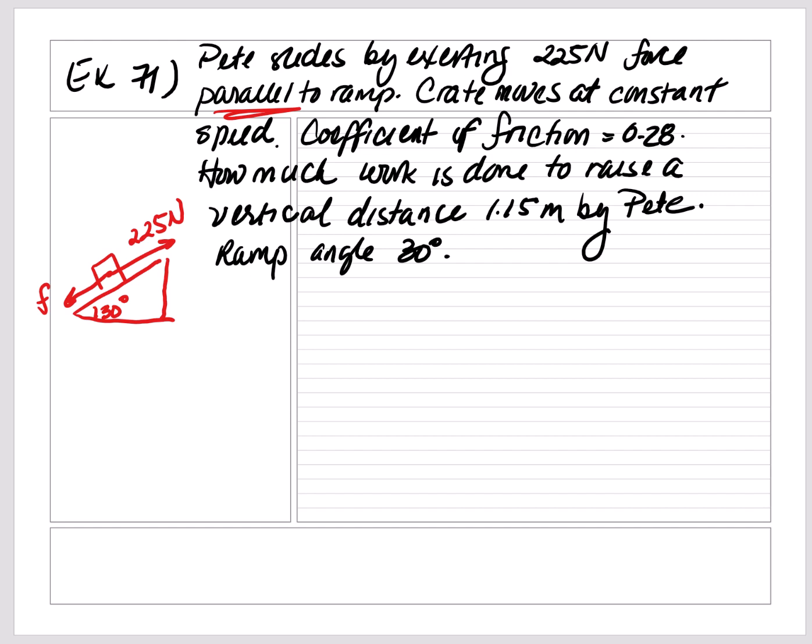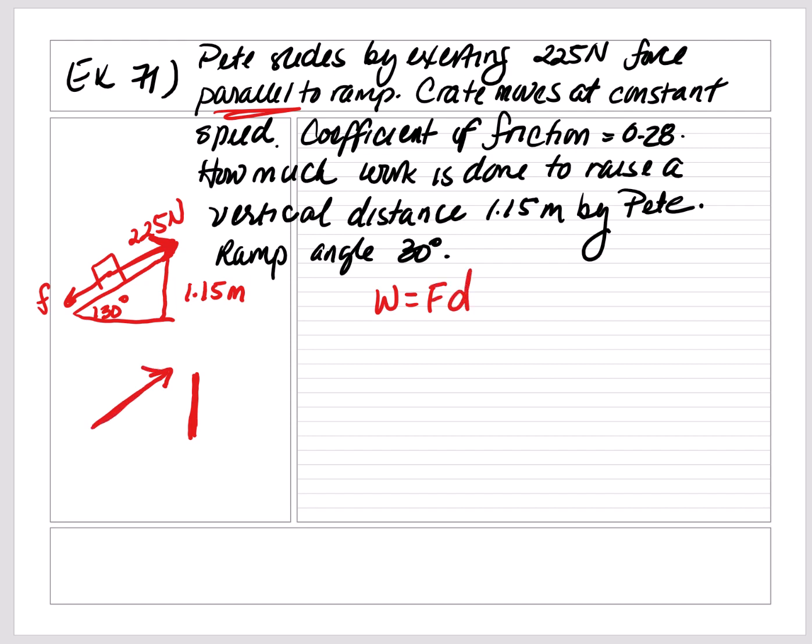So we want to know the work done by Pete. The distance that is given is 1.15 meters. Since Pete is going parallel to the ramp, the force is at this angle, the displacement is vertical. So I need to resolve one of the components. I'm going to still do work is equal to force times distance.